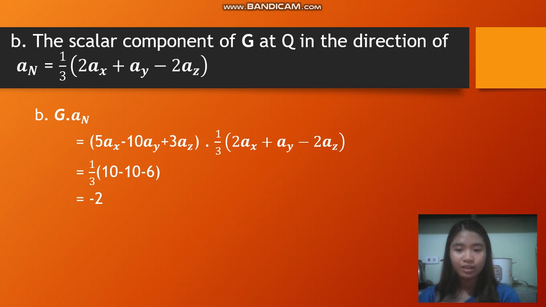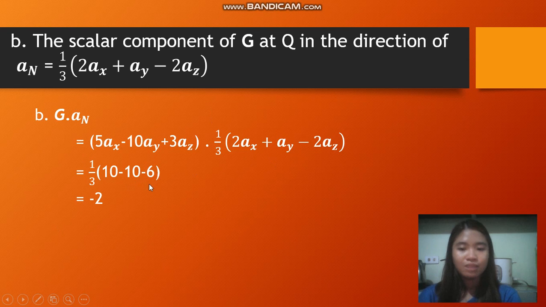Ang gagawin natin is i-combine muna yung like terms. 5a sub x times 2a sub x, magiging 10. And negative 10 times 1a sub y, negative 10 pa rin. And 3a sub z times negative 2a sub z, negative 6. Tapos yung 1/3 dun sa labas, dun pa rin yun.